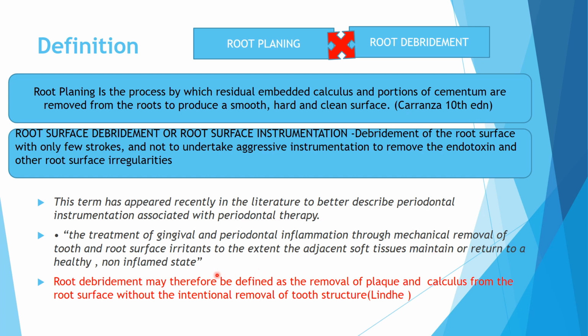So all the irritants, that is all the local factors, will be removed from the tooth and the root surface, which is necessary to get the healthy non-inflamed state. That is why root debridement may be defined as the removal of plaque and calculus from the root surface without the intentional removal of tooth structure.